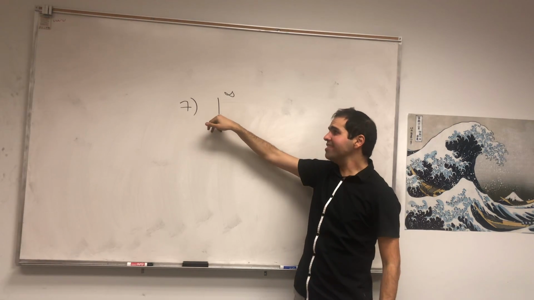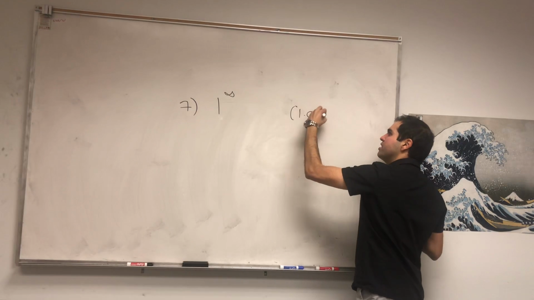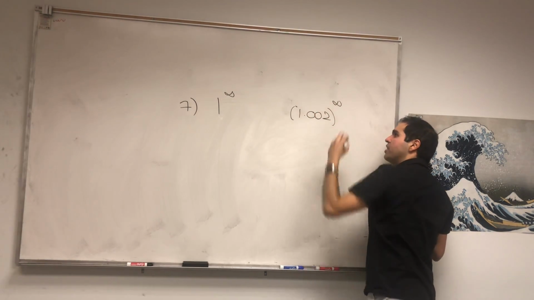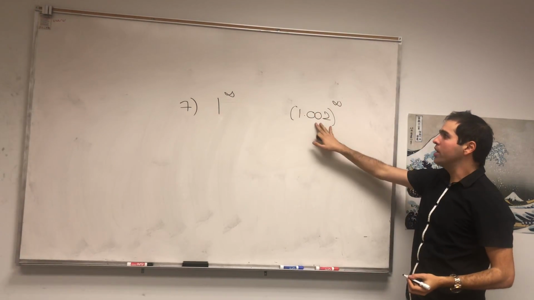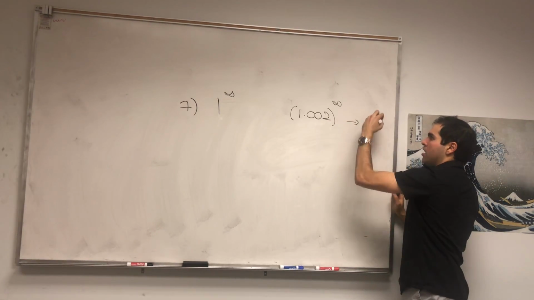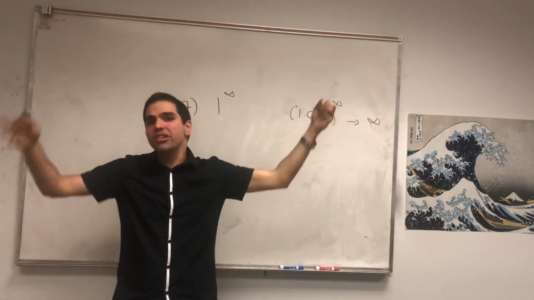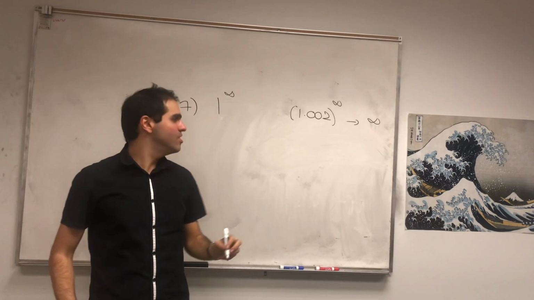Because look, if this number is slightly bigger than 1, think 1.002 or something, and you raise this to the infinite power, then this actually goes to infinity. Because think 2 times 2 times 2 times 2 times 2, etc., this goes to infinity.